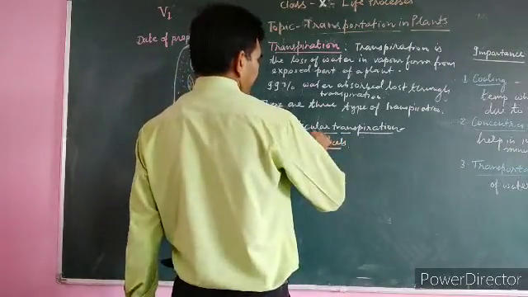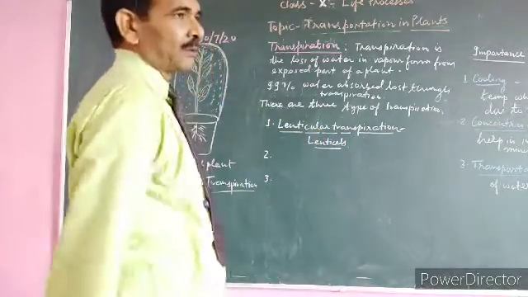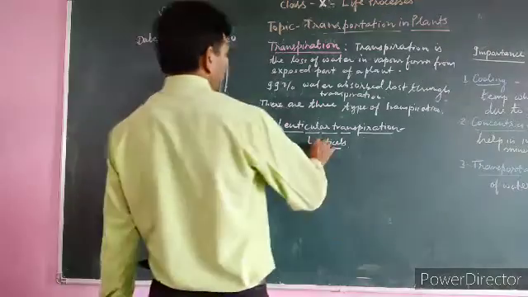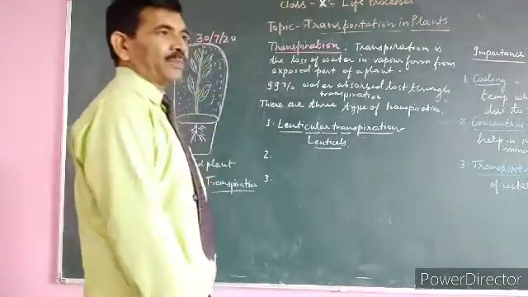About 1% of the water is lost through lenticels present in the bark of the plant.